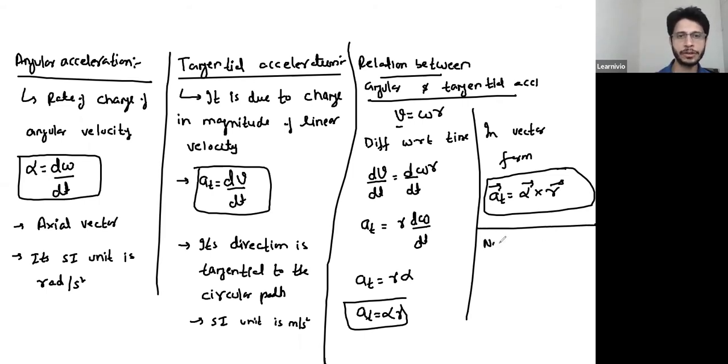Just tell me one thing. Are tangential and angular acceleration independent, or do they depend upon each other? They depend upon each other, right? They are interconnected. A_T and alpha are connected.